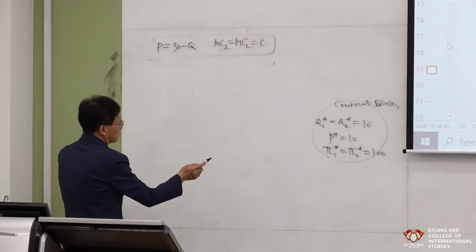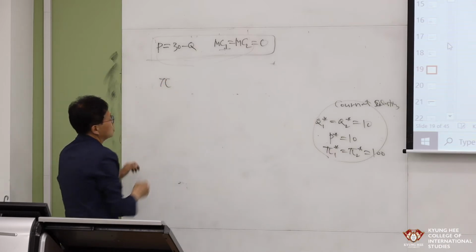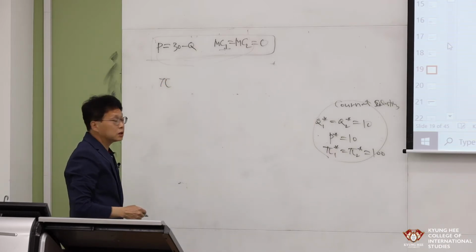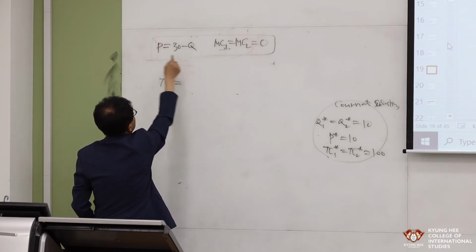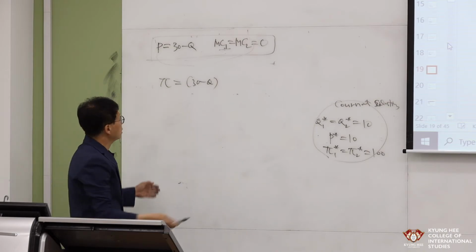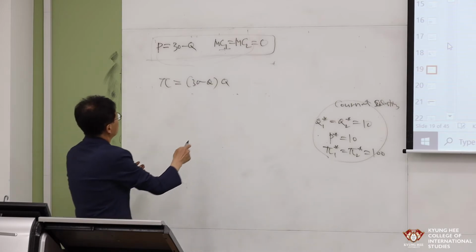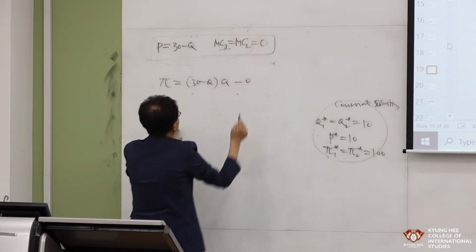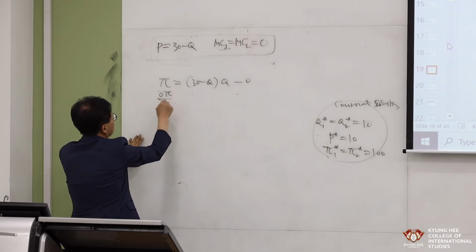Then the two firms' total production maximizes joint profit, for example, right? Joint profit is equal to price, 30 minus Q, multiplied by Q, right? Then total cost is equal to 0. So profit is like this. The first derivative of the profit function with respect to Q.